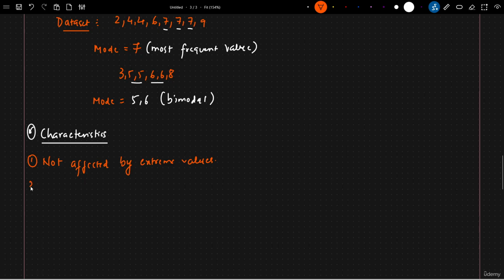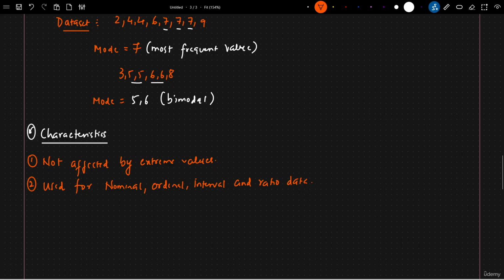The second important point is that this is used for all the 4 scales, that is nominal, ordinal, interval, and ratio data. But in my experience, you can definitely use this in nominal. For all the others, you cannot, because we have already discussed it.